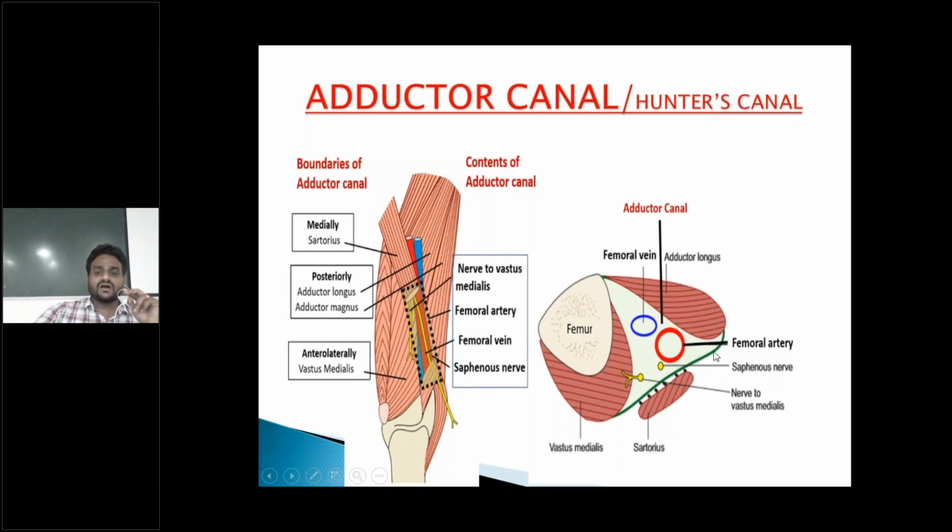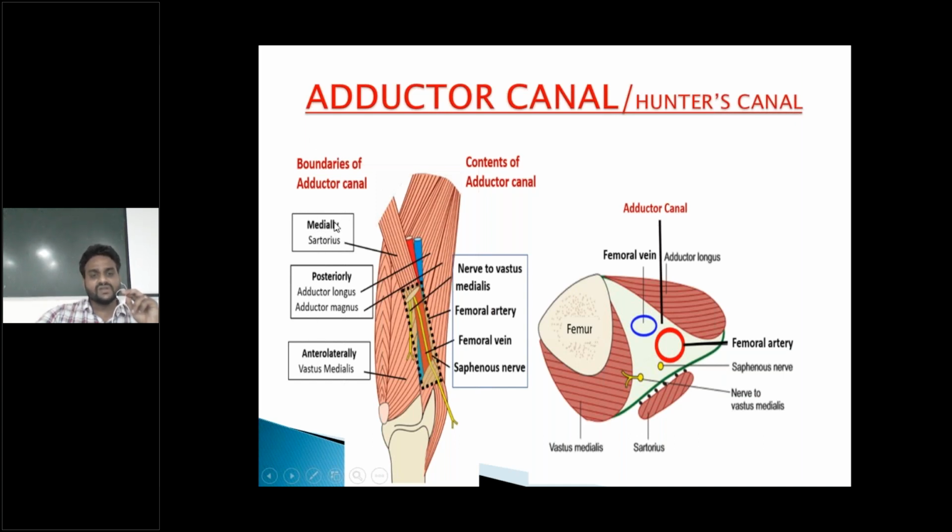Now if you see the second picture, the cross section of the adductor canal, it is triangular in appearance. Now we see the boundaries of the adductor canal.